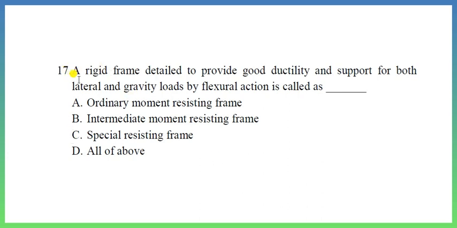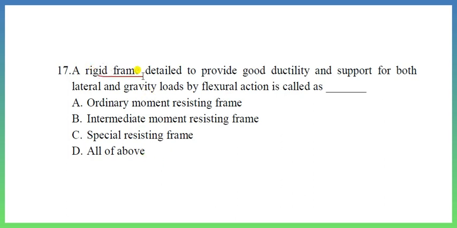Next one, a rigid frame detailed to provide a good ductility and support for both lateral and gravity loads by flexural action is called as ordinary moment resisting frame, intermediate moment resisting frame, special moment resisting frame, and all of above.